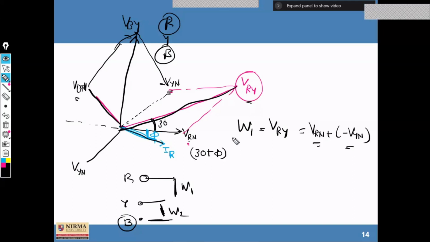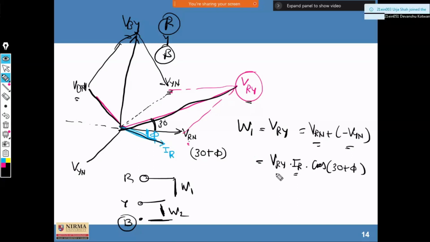And according to that, we can write the equation with VRY into IR into cos 30 plus 5, because this is line current, and cos 35 is the angle between these two. And VYN is your phase voltage. Clear? So this way we can write the equation of W1.